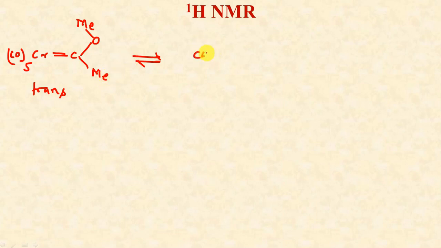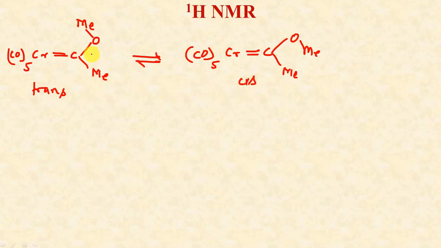The second isomer, which is the cis one, can be shown as here. So this is the cis isomer, and what is happening is that there is carbon-oxygen rotation, and this type of rotation is very fast if the temperature is high.